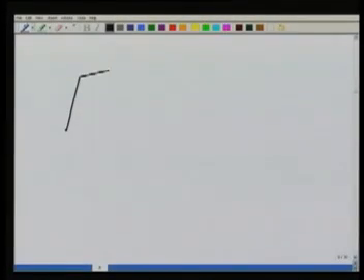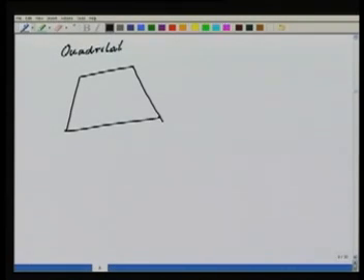So let's do that. So this is, let's say, my physical element, which is a quadrilateral. Okay, which has 4 nodes: x1, y1.